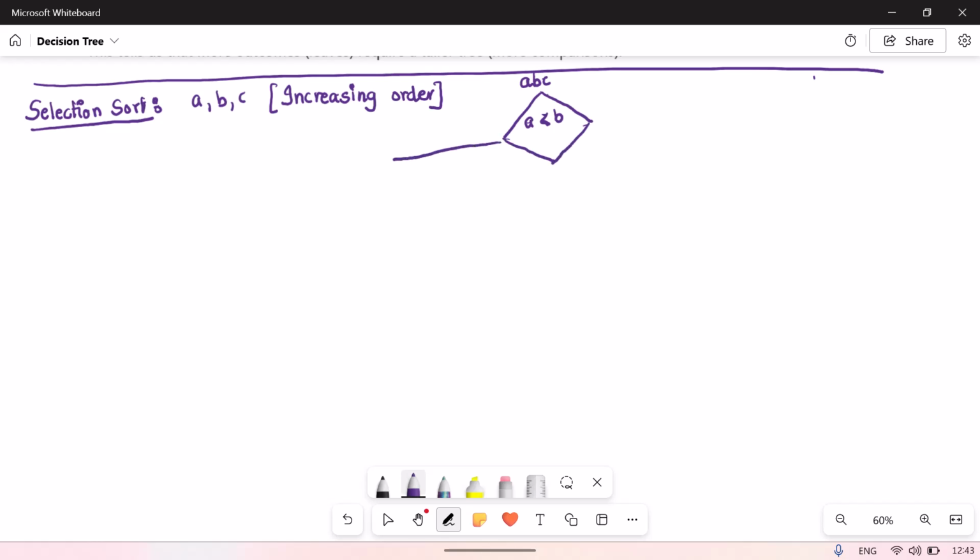If it is so, one result will be there. If it is not, some other result will be there. So if it is yes, I'll do the left part first and then go to the right part.